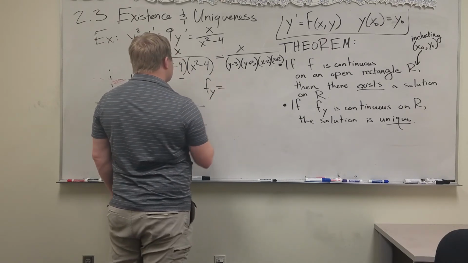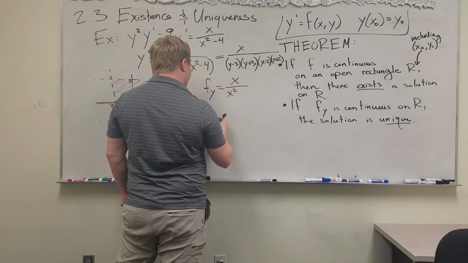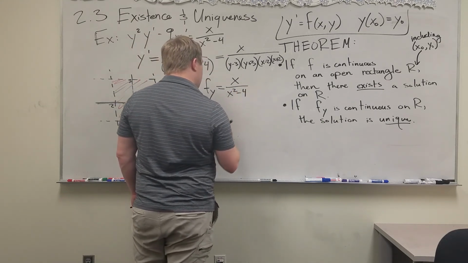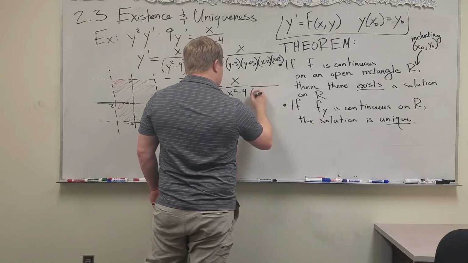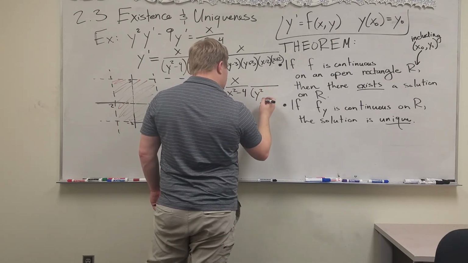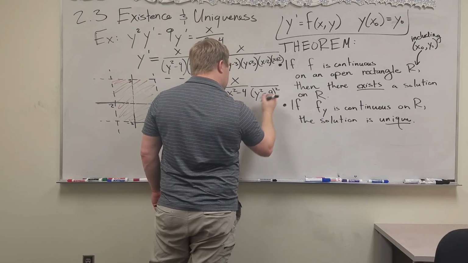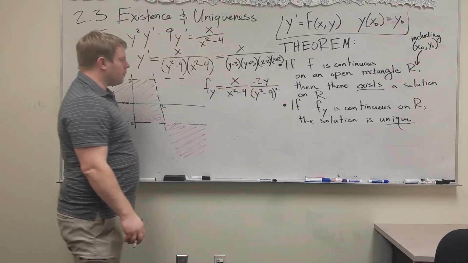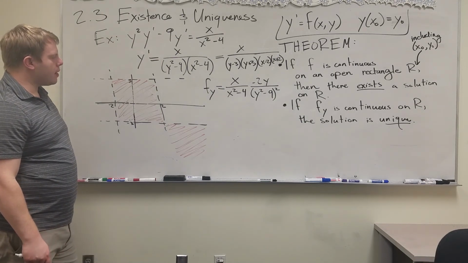And if we do that in this case, I could just treat all of this x stuff as a constant, and then take the derivative of the rest with respect to y, and it's going to look like that.